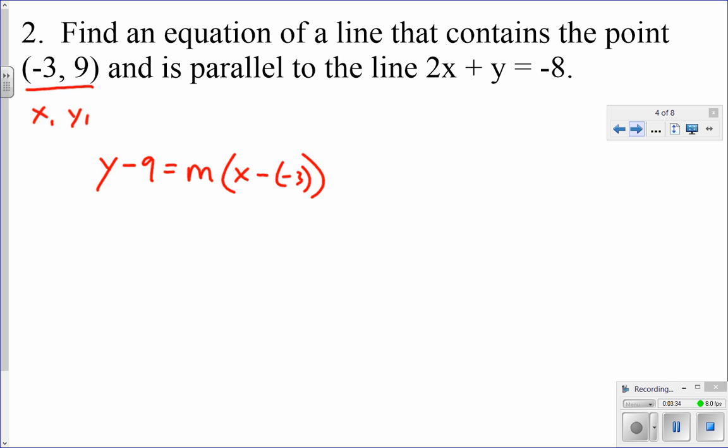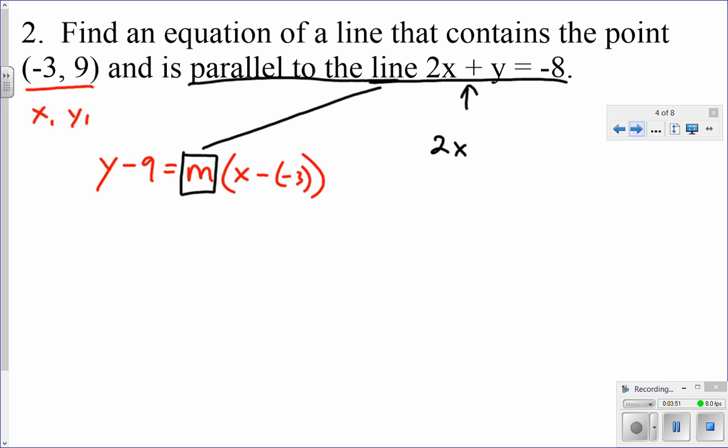Well, the only value I need to still find is my m, and I'm going to get that from this information. So I want it to be parallel to this, so it needs to have the same slope. So I need to identify the slope in this line as I did in example 1. So I need to get it into slope-intercept form so that I can identify what my slope is.